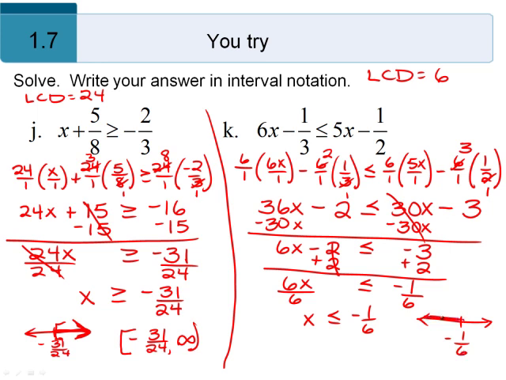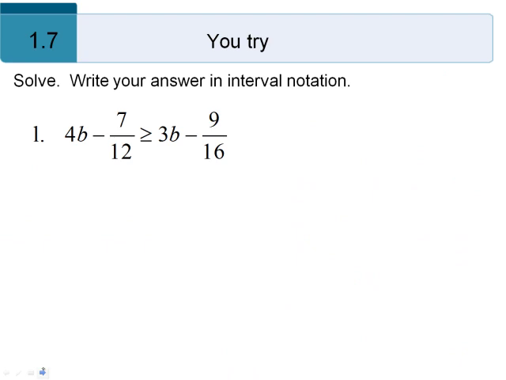Less than or equal to is to the left. And the less than or equal to sign, because of the equal to part, makes it a bracket. So it starts way back to the left at negative infinity and then comes up to negative 1/6. Well, that's a horrible 6 with a bracket. There you go. All right, last one.